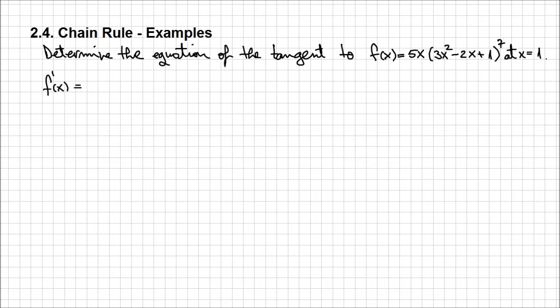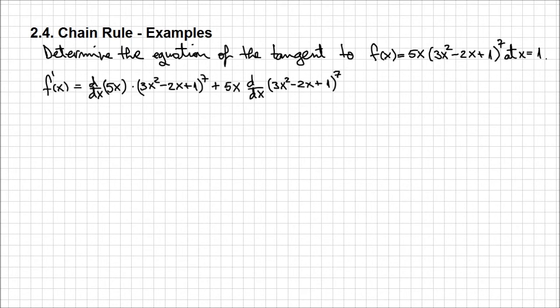The product rule gives us the derivative of the first term, d/dx of 5x, times the other expression, (3x squared minus 2x plus 1) to the power 7, which remains unchanged, plus 5x, now unchanged, times the derivative d/dx of (3x squared minus 2x plus 1) to the power 7.